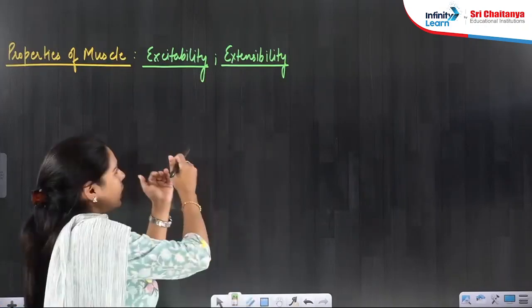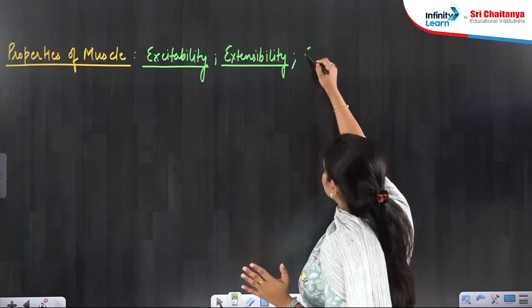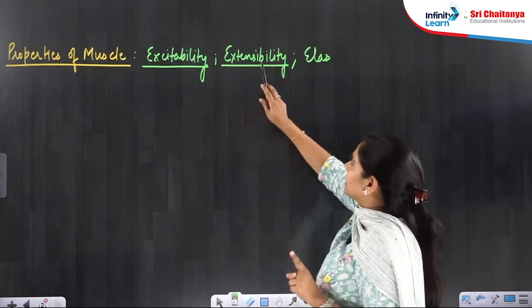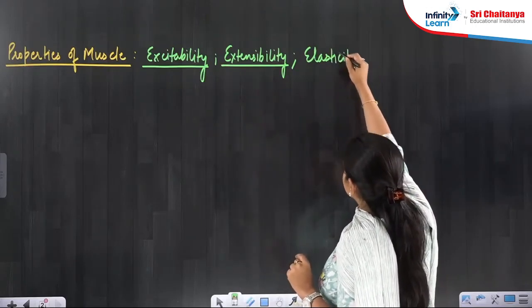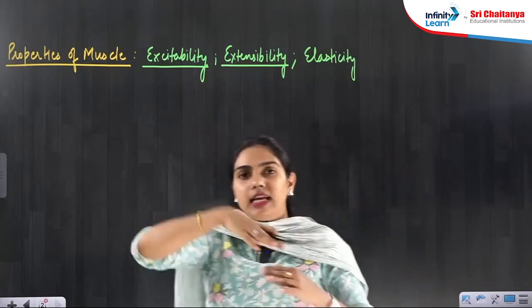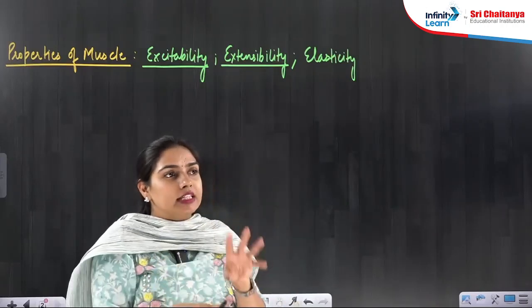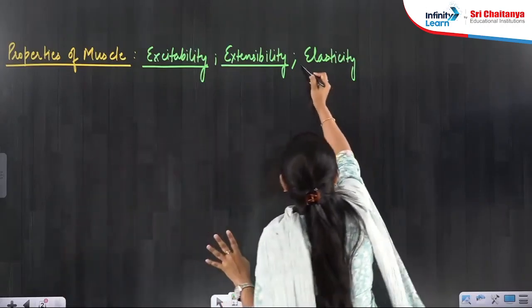So the three E's: excitability, extensibility, elasticity. Muscle is not tough or hard. It is elastic, movable, flexible.